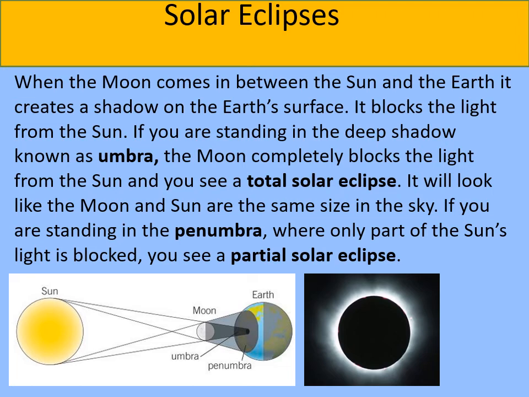So to get that perfect alignment, it just doesn't occur every full moon because the orbits of the Earth and the Moon are slightly different in terms of their planes. The Moon's orbit is slightly tilted, about 5 degrees to the plane of the Earth's orbit. So every time that we get a new moon, we don't get the solar eclipse.